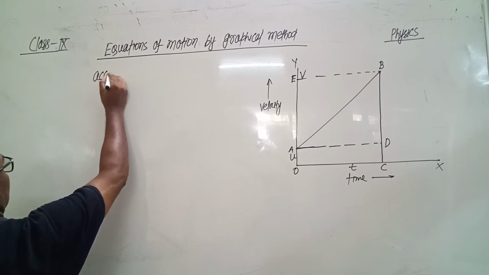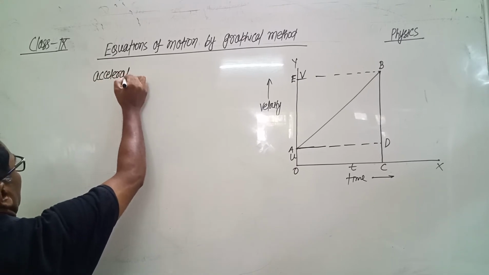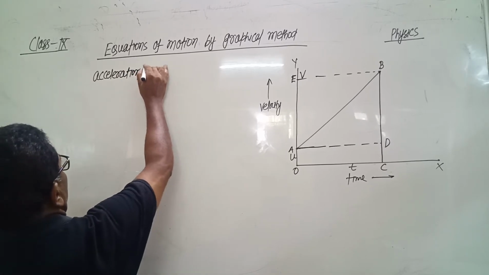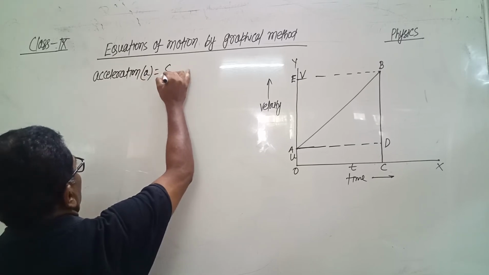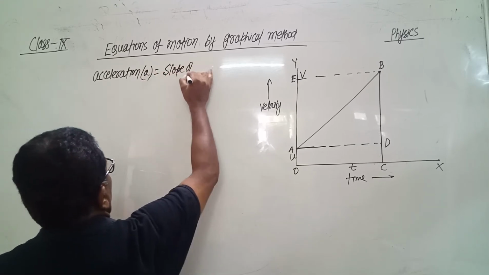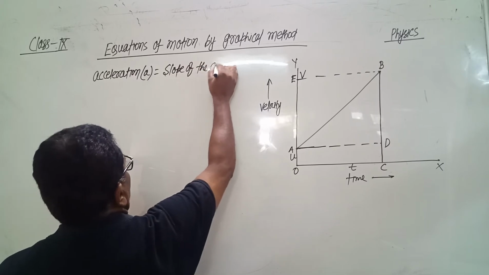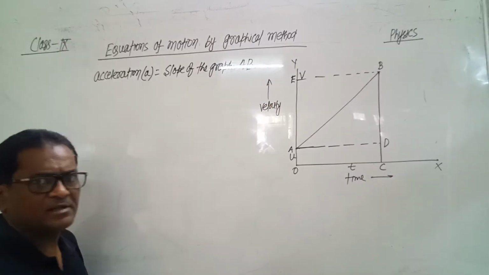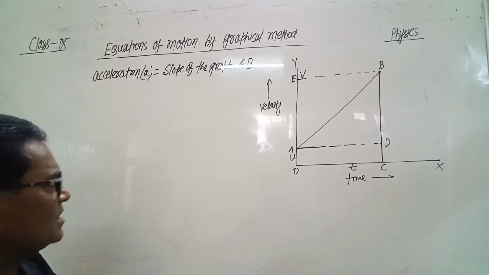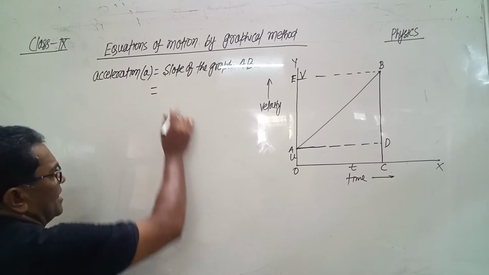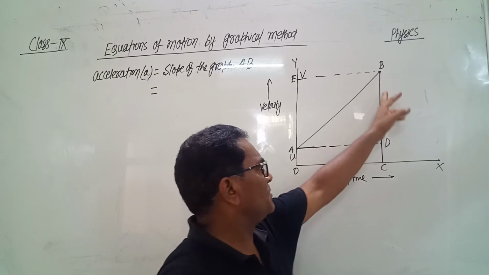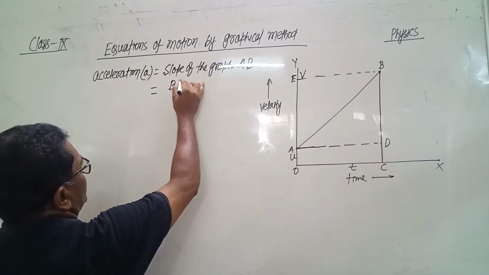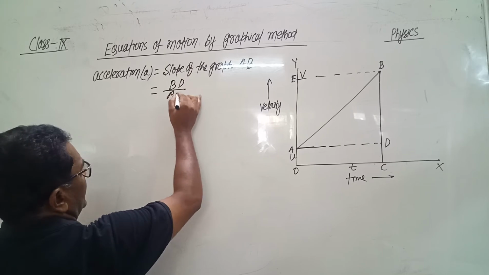So acceleration a is equal to the slope of the graph AB, and the slope of the graph is given by perpendicular upon base. So the perpendicular is BD and the base is AD.